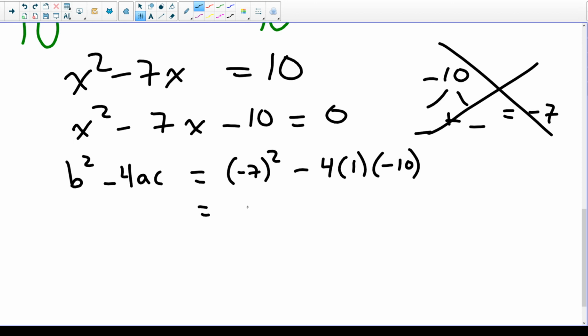We're not going to complete the square to find zeros. That is not the most efficient way. That becomes plus 40, if I'm not mistaken. And that becomes 89. So please double check my math there. I think I did that right. Stop. Why am I stopping?